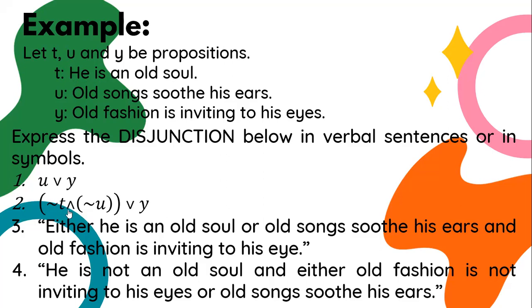And this symbol is for and. So he is not an old soul, and old songs do not soothe his ears, or old fashion is inviting to his eyes. Yan. Okay, let's have number 3 in symbols.